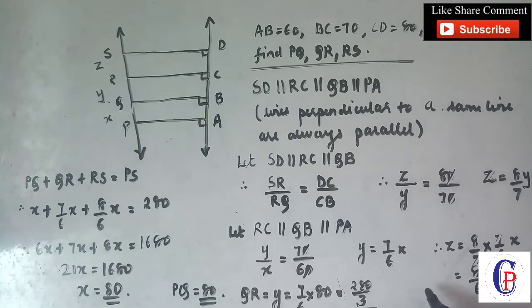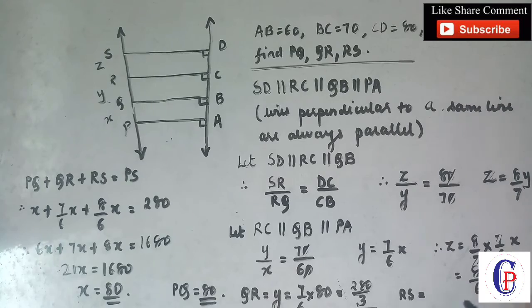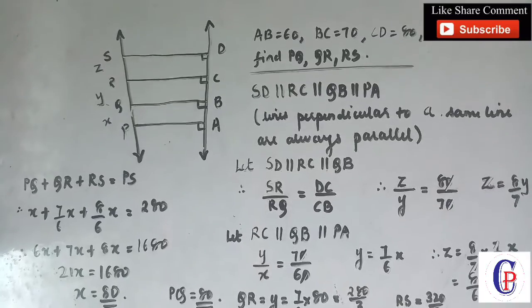So we get the value of QR. Similarly, there is one more value that we want, that is RS. RS is Z, 8 upon 6 into 80, which gives 320 upon 3. So we have found the value of PQ, QR and RS.